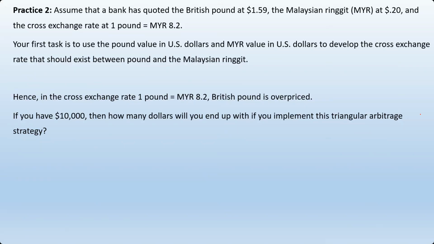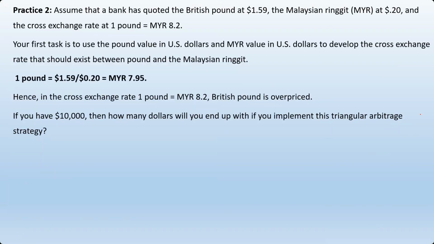Okay, what do you get for the cross exchange rate between pound and Malaysian ringgit if you use direct quotation here? Yeah, 7.95.